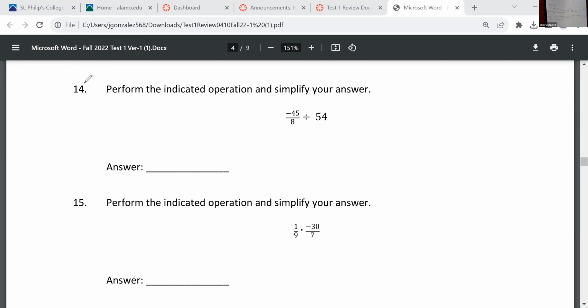The easiest way that I see is to treat it as a fraction, then multiply by the reciprocal. Right, flip it over. Now that they're all together.